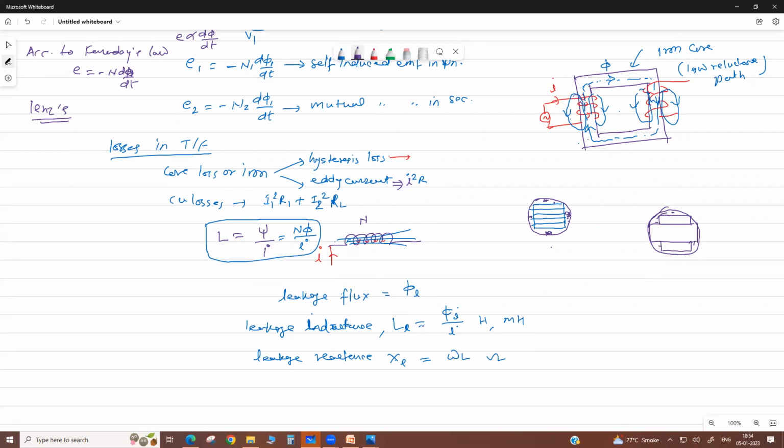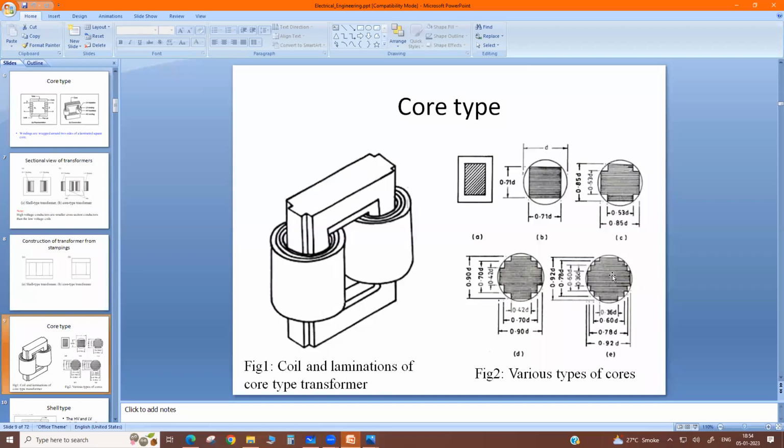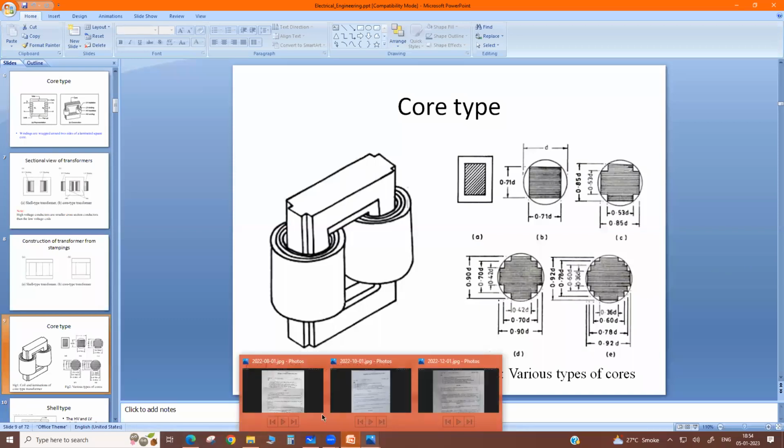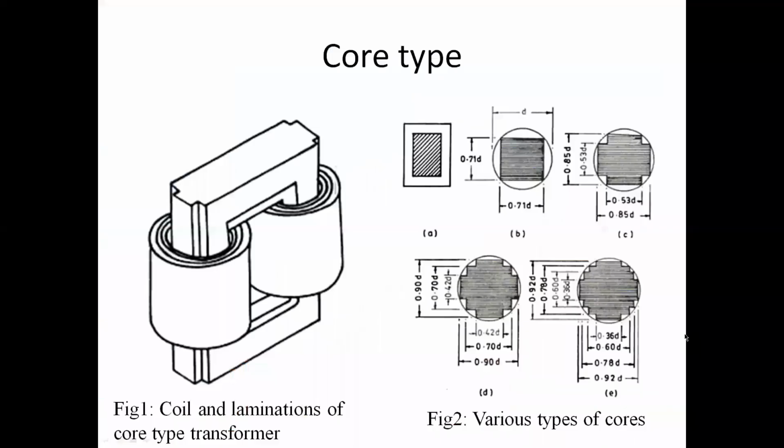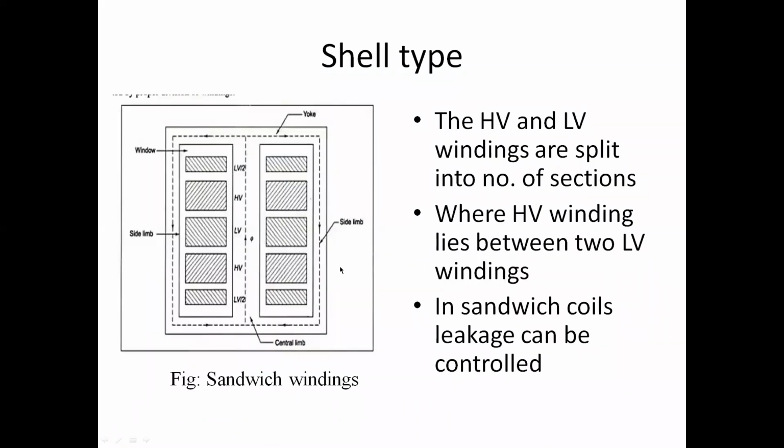See in the diagram, multi-stepped like this here. Then this air gap is reduced. When the air gap is reduced, then leakage flux is reduced. Correct. First, these coils are interleaved.